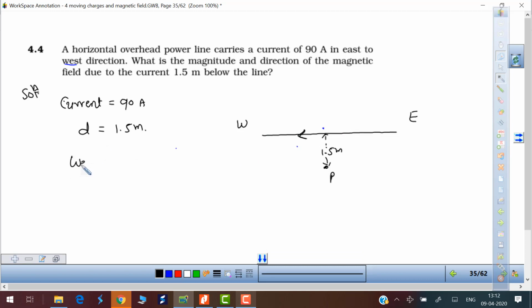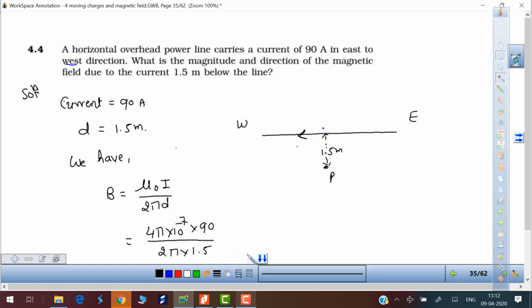So we have B equal to mu 0 I upon 2 pi d for long conductor. So mu 0 is 4 pi into 10 raised to minus 7 into current, that is the 90 ampere, divided by 2 pi and distance is 1.5 meter.